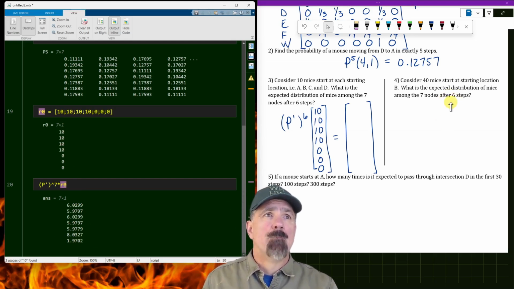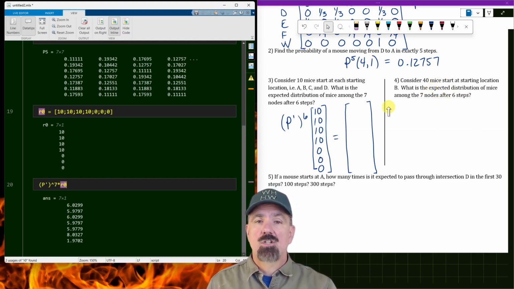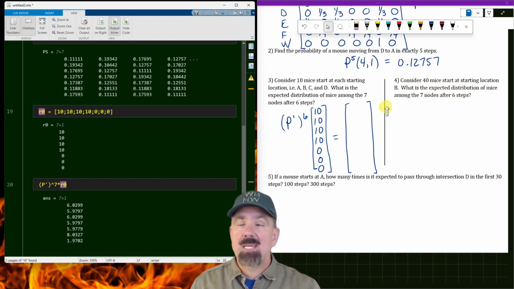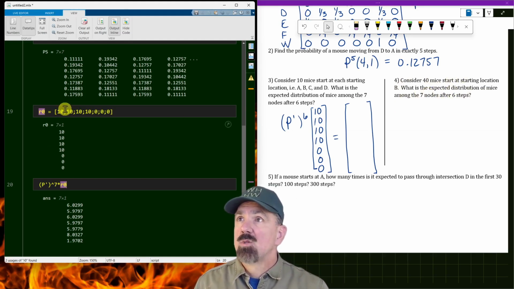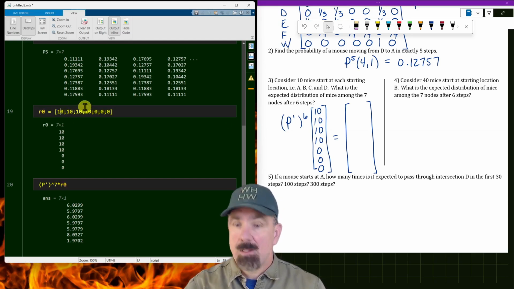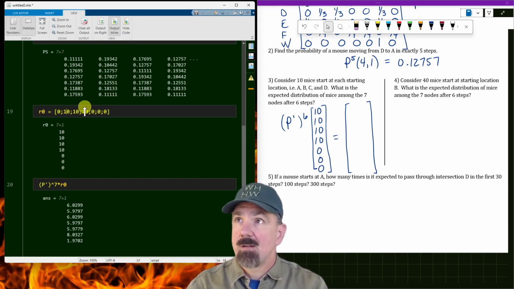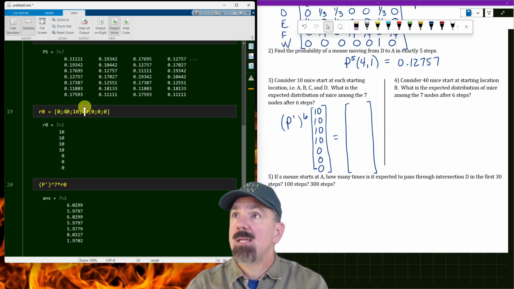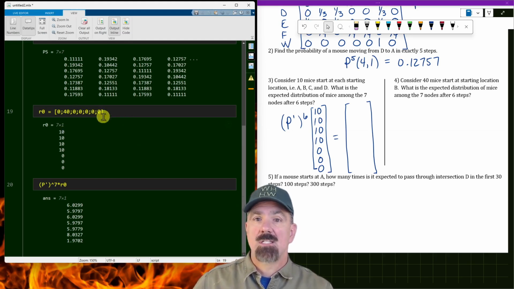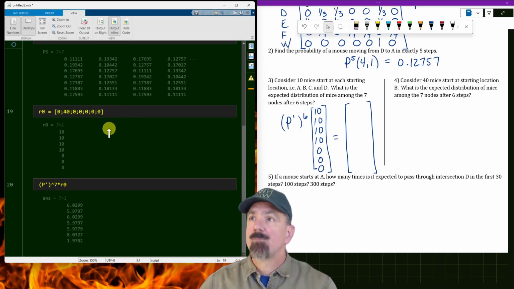So then it says, well, let's do the same thing, but we're going to start with 40 mice at B and see what it looks like. So we'll do exactly the same thing, except I'm going to replace this starting vector. I have 0 at A, 40 at B, and then 0 at C, D, and all the rest of the zeros. So everything else looks the same. I've just changed the starting vector.